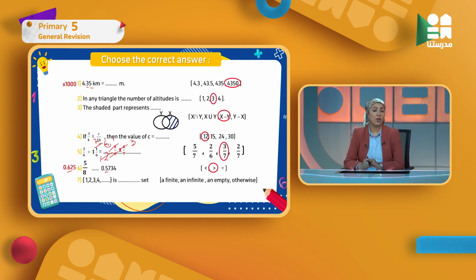And we said before, when we have a set that has no end, is it a finite set, an infinite set, an empty set, or otherwise? Otherwise means anything else. So of course, when I have a set that has a beginning but no ending, it is called an infinite set. It means it never finishes, it continues forever.